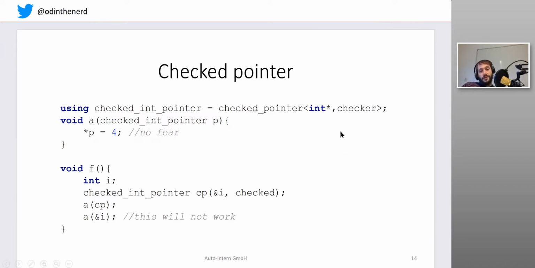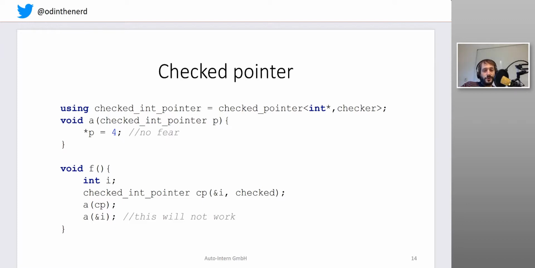If we look at this first line, we can templatize it on a pointer to int, and we can throw in whatever checker we want to write, and create an alias so that it saves us typing, called checked int pointer. And if we take a checked int pointer in the interface of a function, we don't have to be afraid anymore that that pointer may not have been checked.